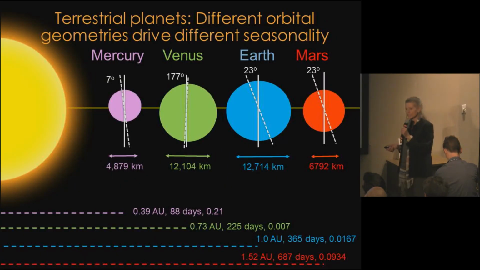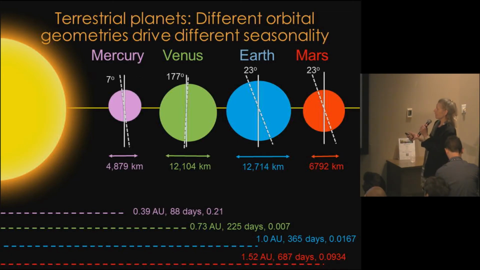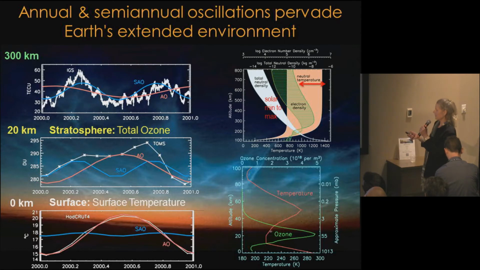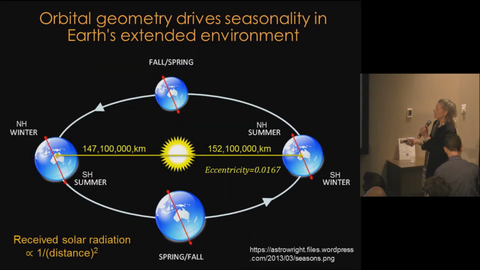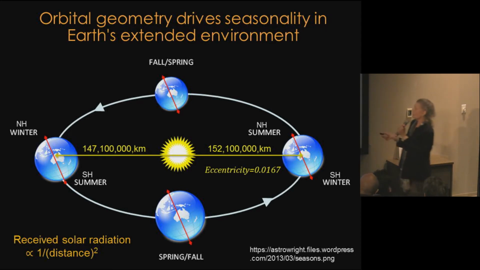Okay, so the semi-annual oscillation occurs because of the tilt of the axis of the Earth in its rotation. So semi-annually, twice a year, you can see that the sun is heating the Earth and it's rotating diurnally here and here, and that's a different signature than when it's at the summer solstice.